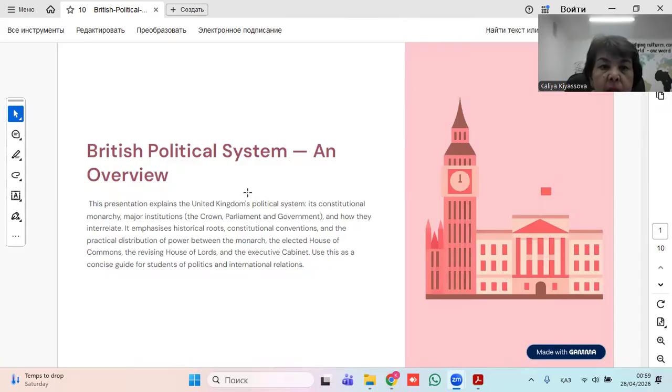The presentation explains the United Kingdom's political system, its constitutional monarchy, major institutions, the Crown, Parliament, and the government, and how they interrelate.